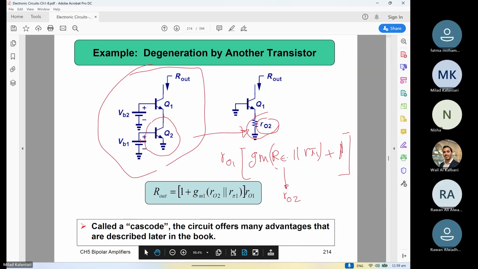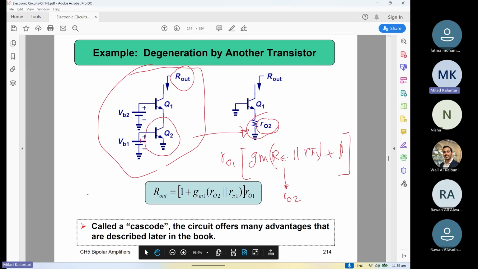Yes. Can you go through the examples step by step? Yeah, sure. So let's say you are asked to find the R out of this config, right? First of all, you need to make the small signal model. So you short this bias voltage source.